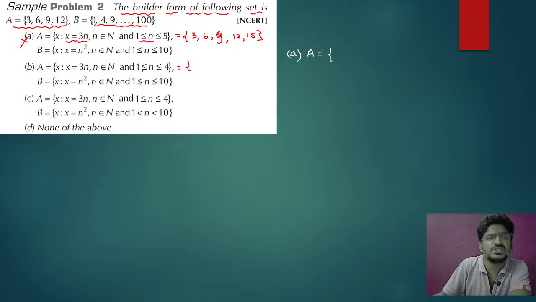In the same way, you can see 3n, n is in between 1 to 4: 3 into 1 is 3, 3 into 2 is 6, 3 into 3 is 9, 3 into 4 is 12. So it can be your answer.